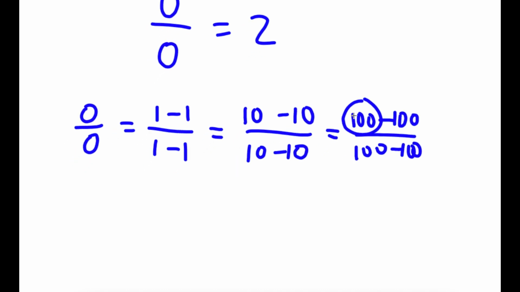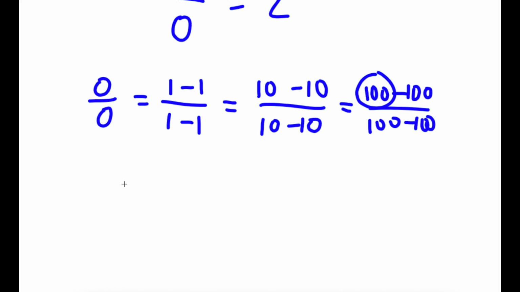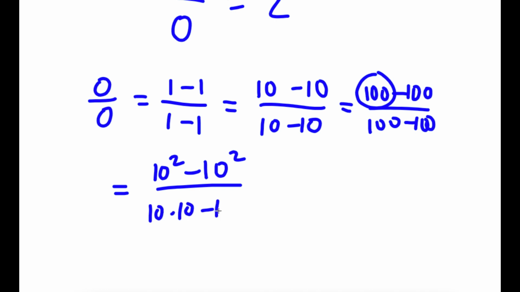So 100 is the same thing as 10 squared, right? So this is the same thing as 10 squared minus 10 squared for our numerator. And for my denominator, 10 squared, this is the same thing as 10 times 10 minus 10 times 10. And this is again equal to 0. This is still 0 over 0.